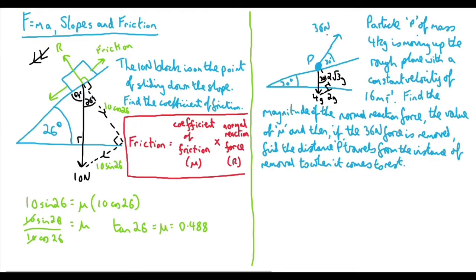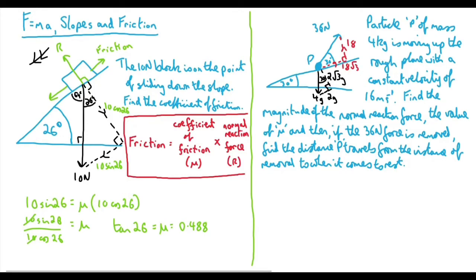Then this force here for the 36 newtons is going to have components of its own, so again we make a line that's perpendicular and one that's parallel. So this time it's going to be trying to lift the particle up from the slope as well as pulling it up here. This then, for the sine 30, again half, just makes this 18 newtons, and this here is going to end up being 18√3.